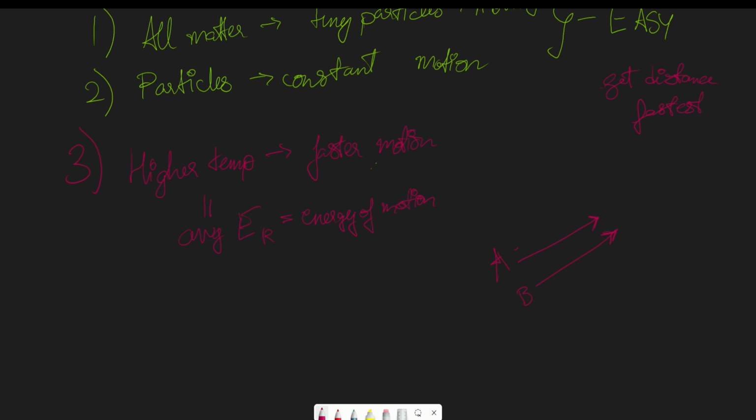Now A has more energy than B. A will obviously run faster because it has more energy to run faster, since the total distance is the same, right? So that's why a higher temperature, meaning a higher average energy, leads to faster motion and not a longer motion or more distance. This is why it is not more distance.